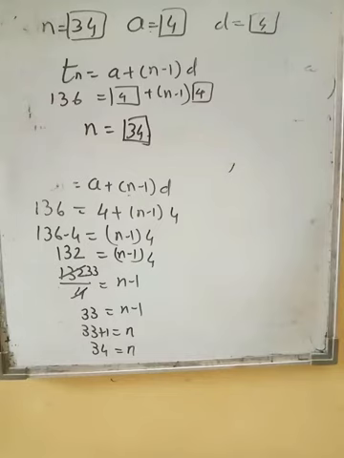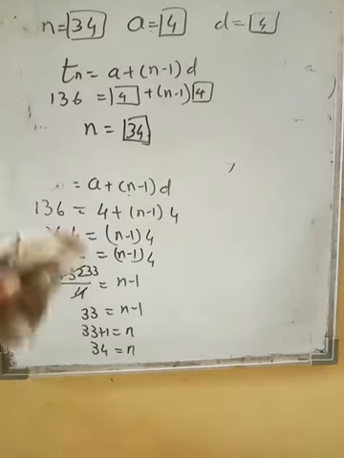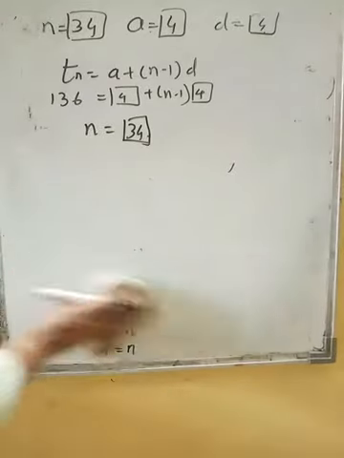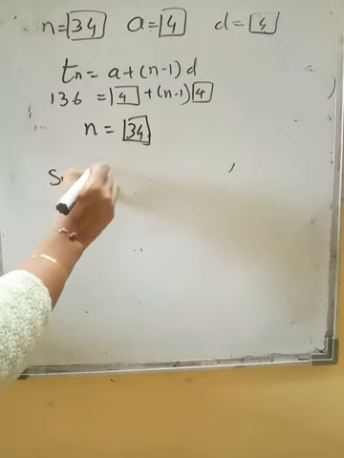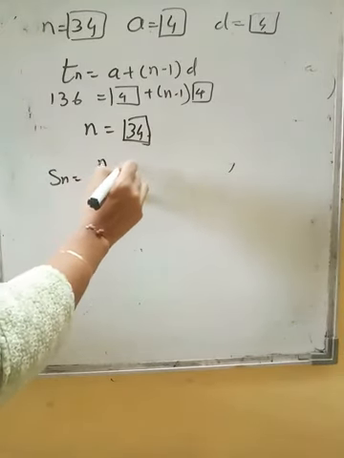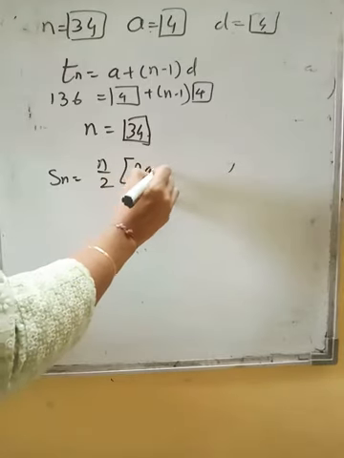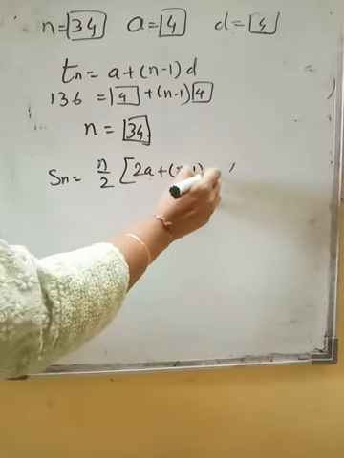Now let us use the Sn formula and find out the sum. Sn is equal to n upon 2 in the bracket 2a plus n minus 1 into d.